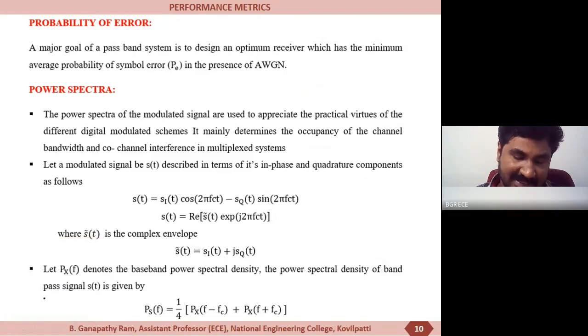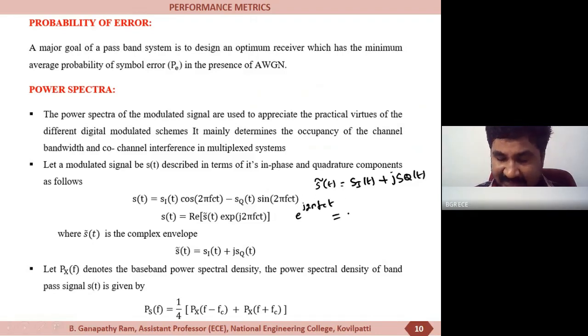The same thing can also be represented with the help of a complex envelope. Let S tilde of t be represented as Si of t plus j Sq of t. And we know that e to the power of j 2 pi fct can be represented as cos 2 pi fct plus j sin 2 pi fct.